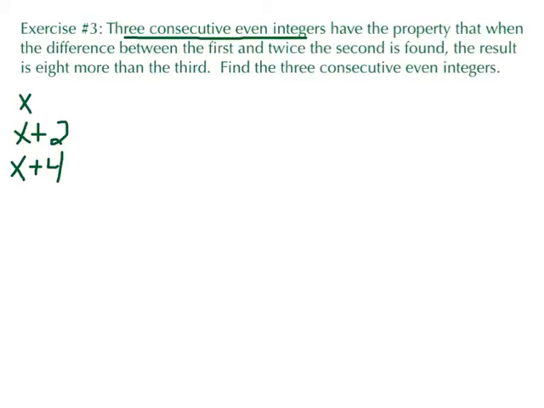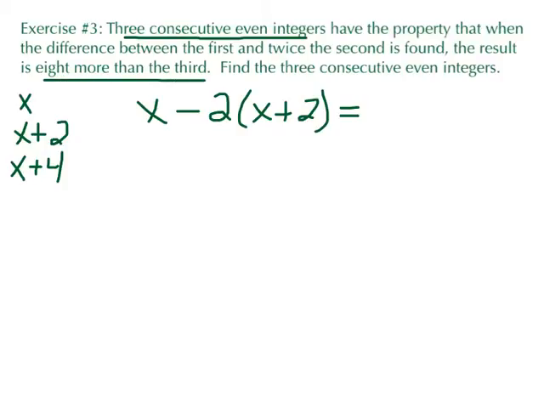We're going to set this up by saying x minus 2 times x plus 2 equals, the result is 8 more than the third. 8 more than means plus x plus 4. Go ahead and now distribute. Make sure that you're distributing the negative 2.